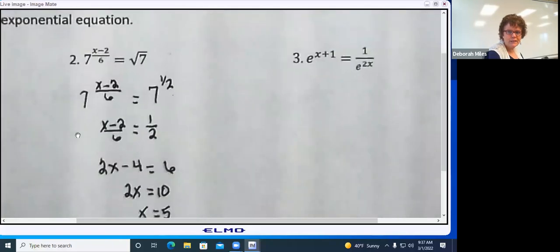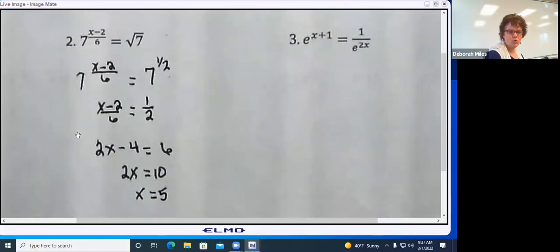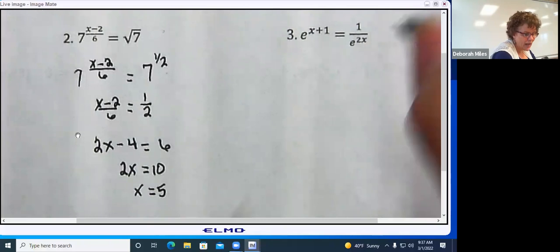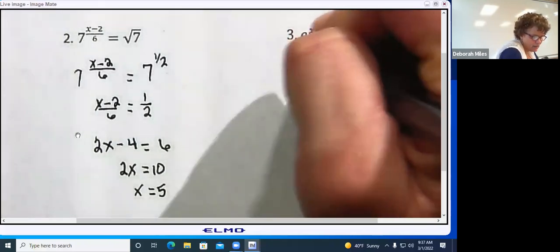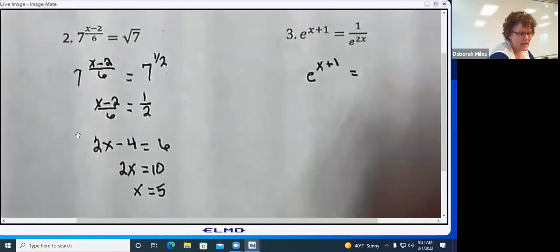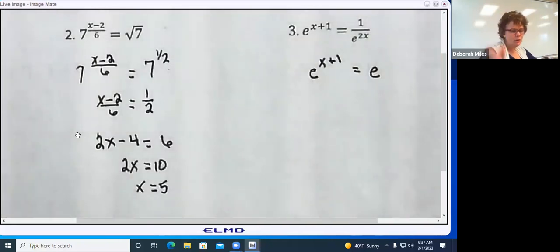And then one more. I just don't want you to be phobic against e's when you see an e. I can still write both sides having the same base. How can I write the right-hand side? Left-hand side's good, but how could I write that right-hand side as just e to the something?